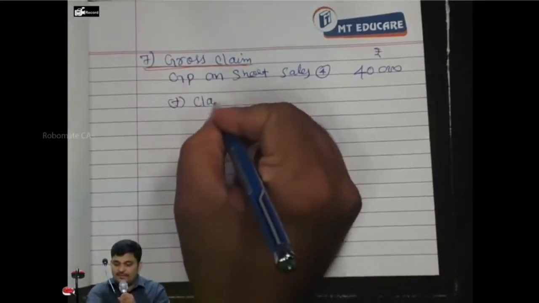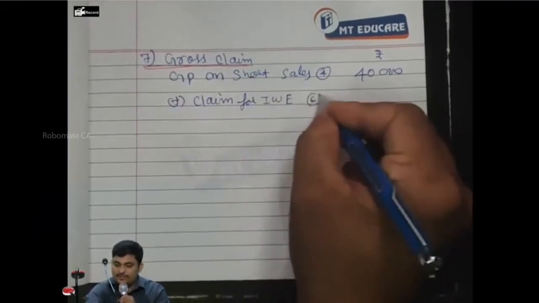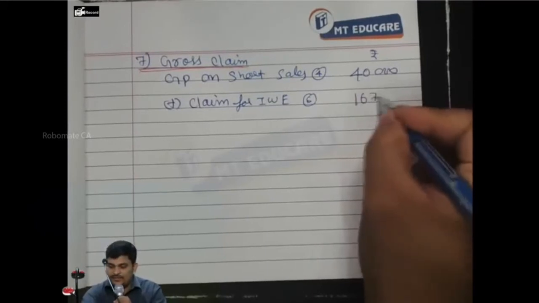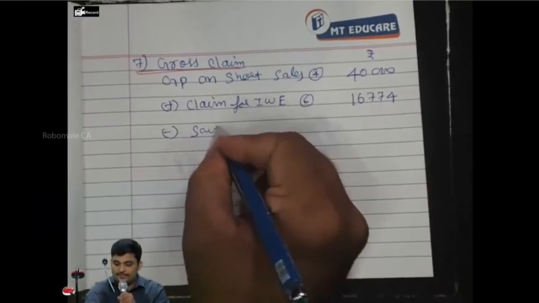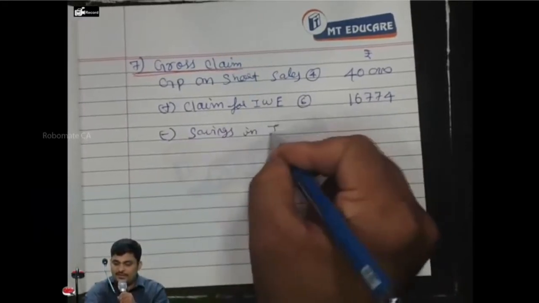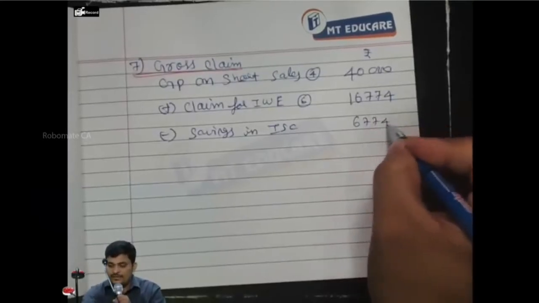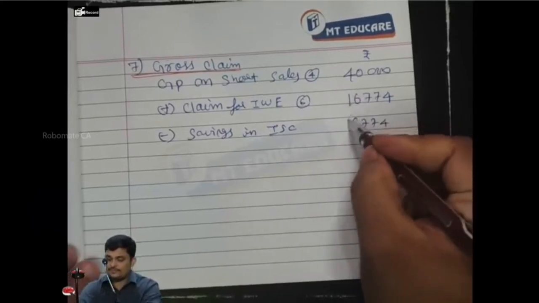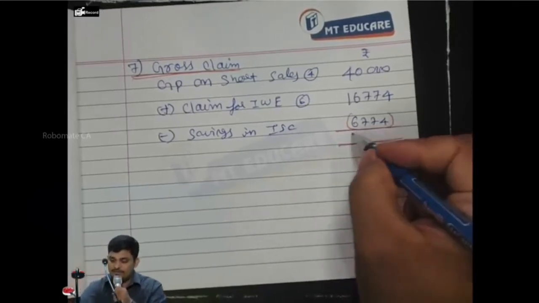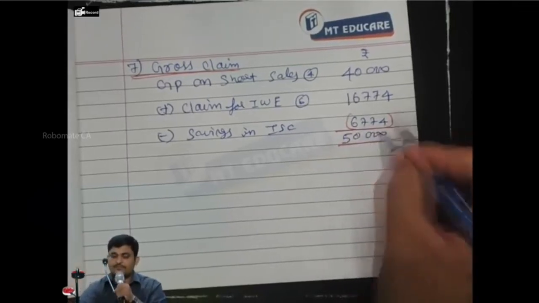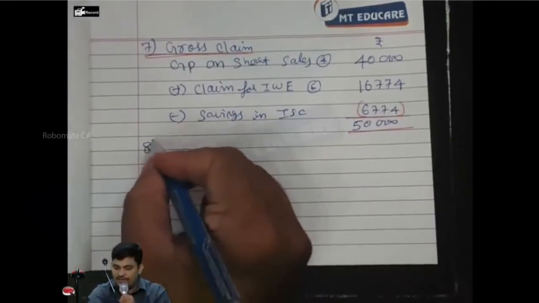Then plus claim for IWE as worked out in step number 6, 16,774, minus savings in insured standing charges, 6,774. It is how much? 50,000. Everybody? Yes, sir.